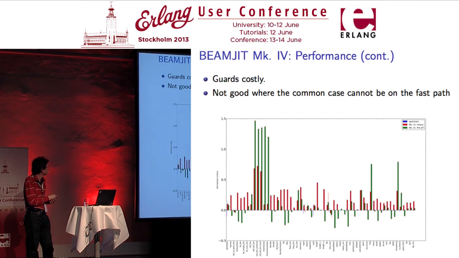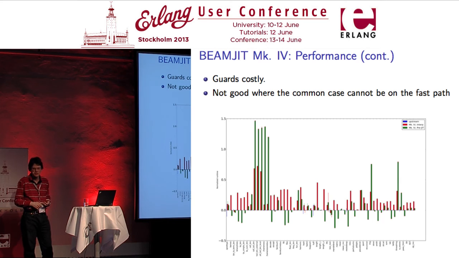This large group here on the left, where we make repeated calls, just function calls, if we study that, we see that these guards we insert in the native code are pretty costly, and that's where most of our performance goes here.